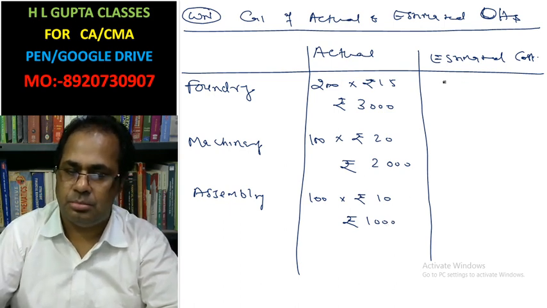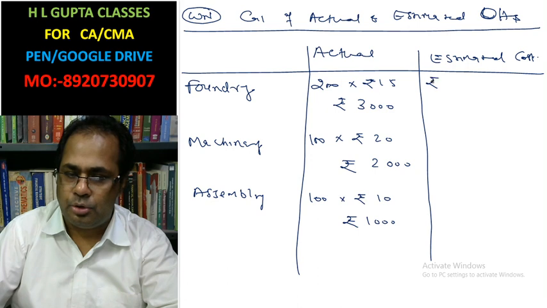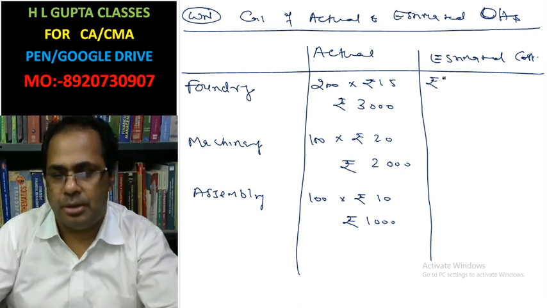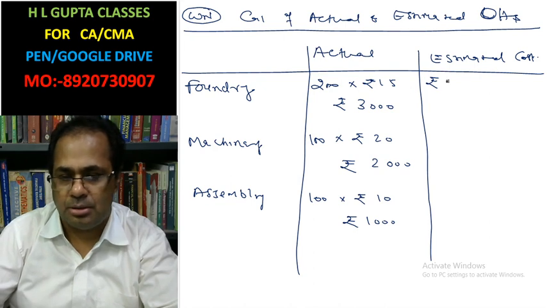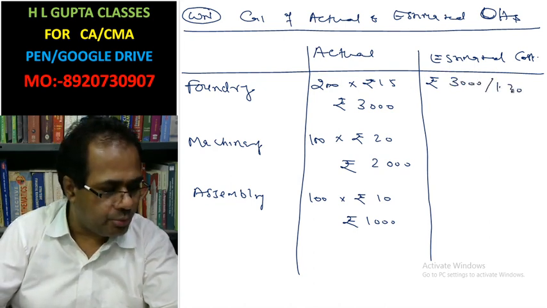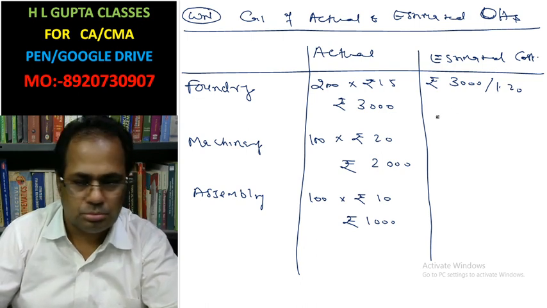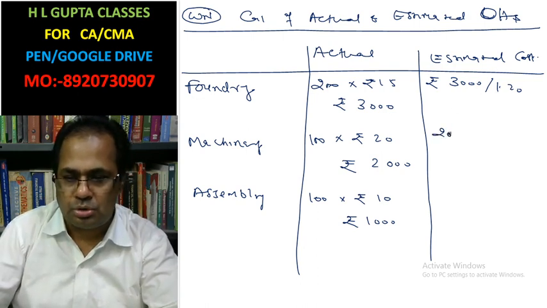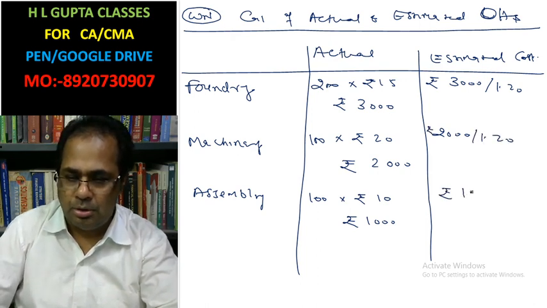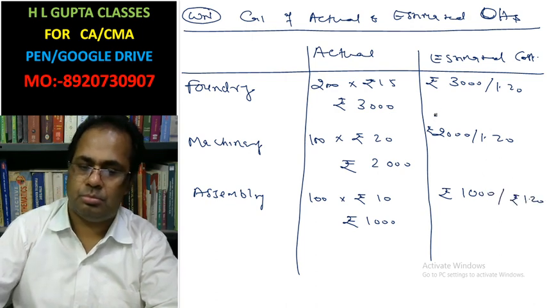Estimated: actual is 20% higher than estimated, that is why estimated will be less. 3,000 divided by 1.20, 2,000 divided by 1.20, rupees 1,000 divided by 1.20.